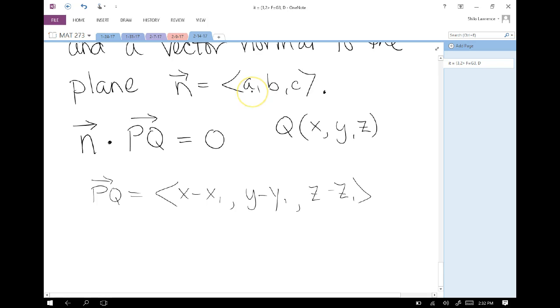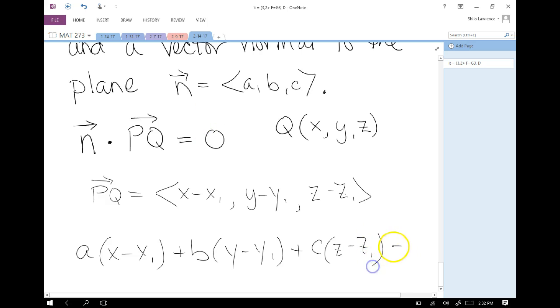And n is our direction numbers that are normal to the plane, a, b, and c. So this is going to be a times x minus x1 plus b times y minus y1 plus c times z minus z1 equals 0. This is called standard form for the equation of the plane.